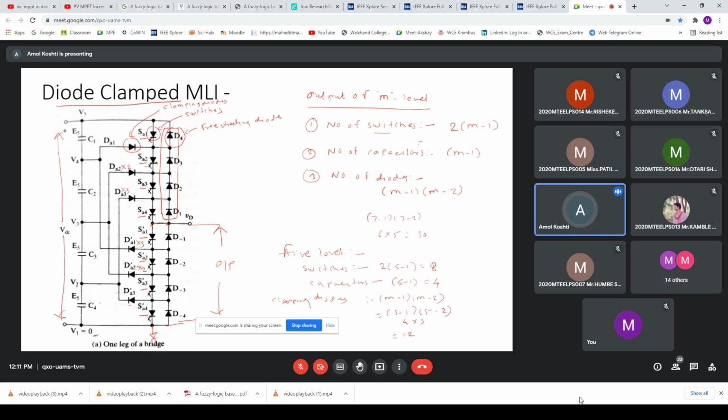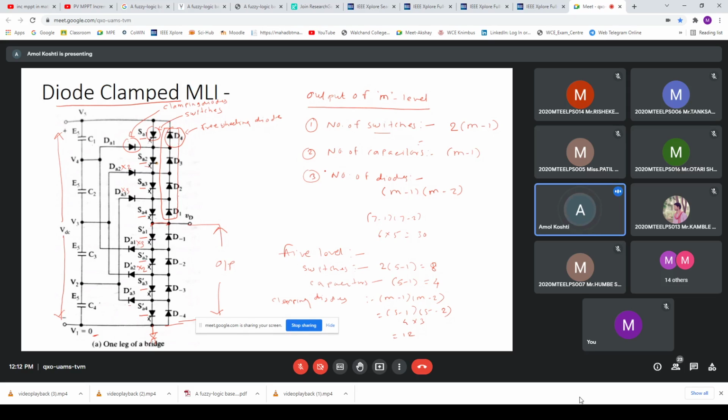These are the freewheeling diodes. There is no connection between these freewheeling diodes and the clamping diodes. The function of the clamping diode is different. The diodes here are used for clamping purposes, and the diodes which we have used in anti-parallel to the switches are for the freewheeling purpose.